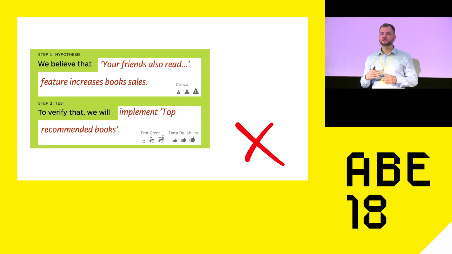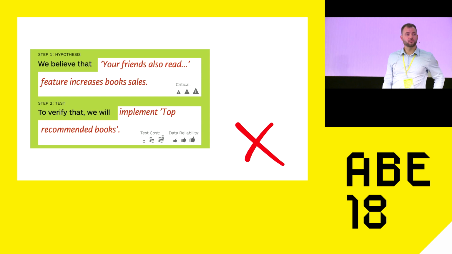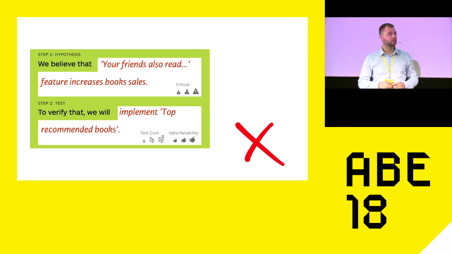We wanted to make it simple, and it will verify something definitely, however, not necessarily what we are thinking about. If, for instance, a lot of people really buy, in addition to the book they were thinking of, also the recommended one, it doesn't necessarily mean that they would care or not about the opinion of their friends. Even if we verify this hypothesis, that doesn't mean it's really how customers behave.